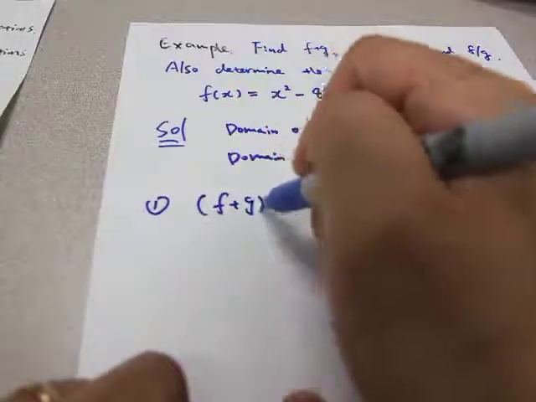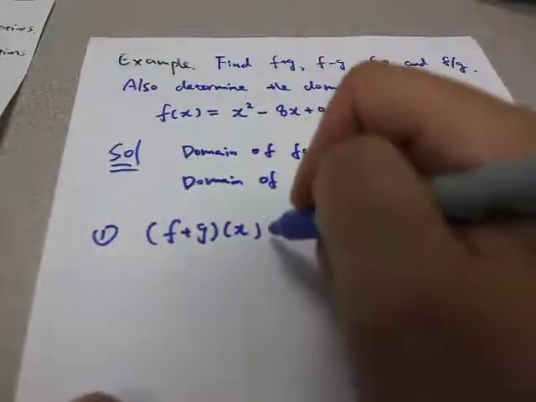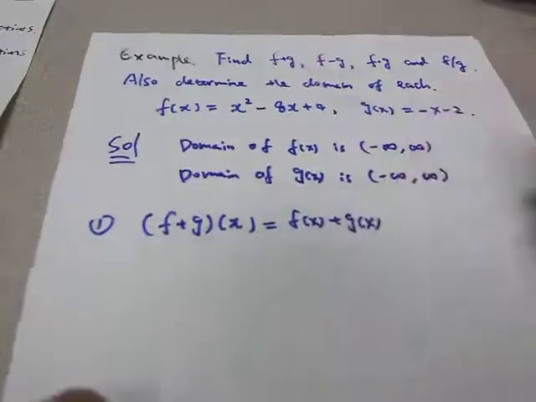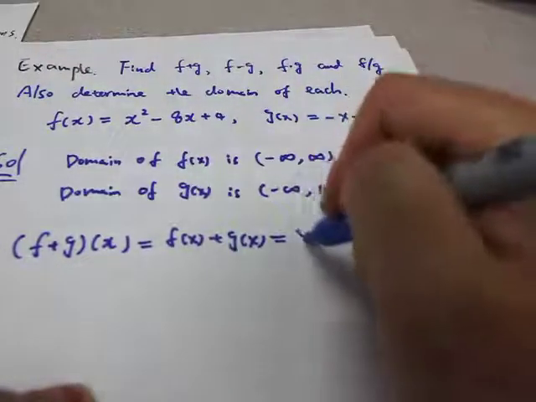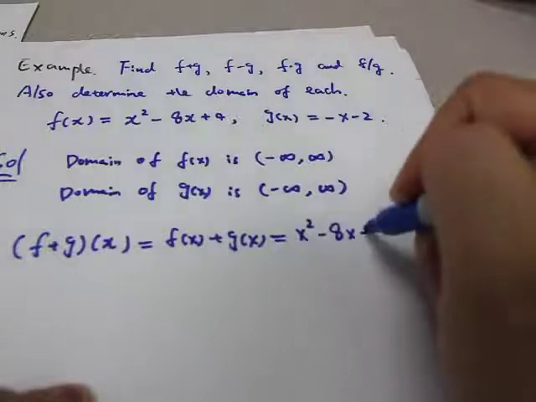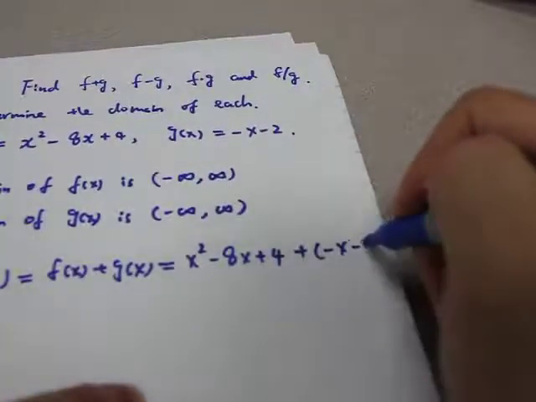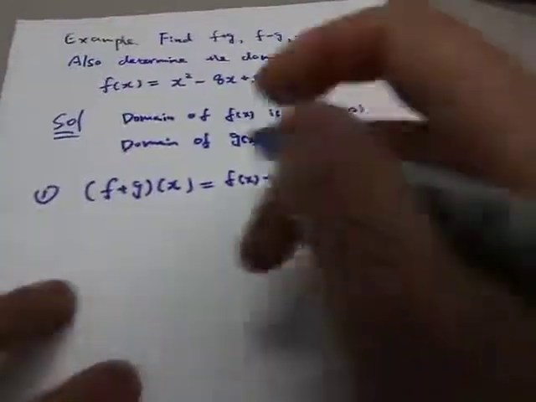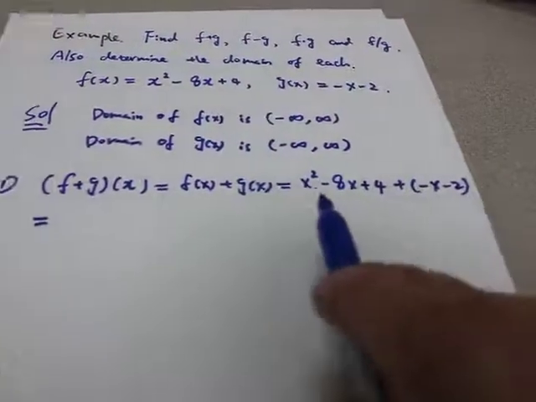Okay, now we're going to create the sum of f(x) and g(x). This is equal to f(x) plus g(x), which is equal to, because f(x) is x squared minus 8x plus 4, plus negative x minus 2. Then you will need to simplify this expression.